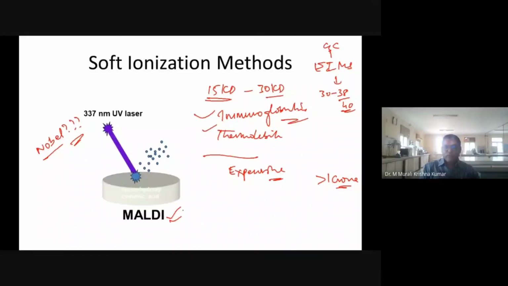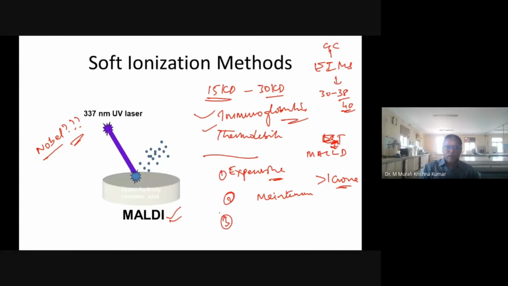But if you use LC and MALDI together, or ESI and MALDI, this is what we call combination techniques. In all these cases, the price will be more than 1 crore and it needs maintenance.